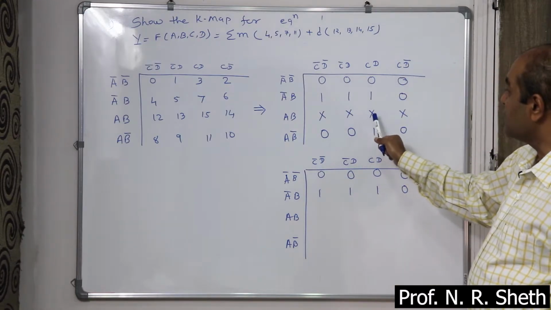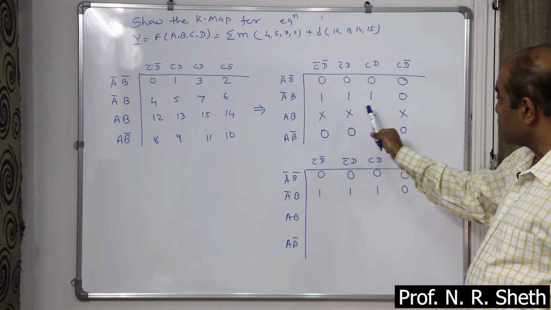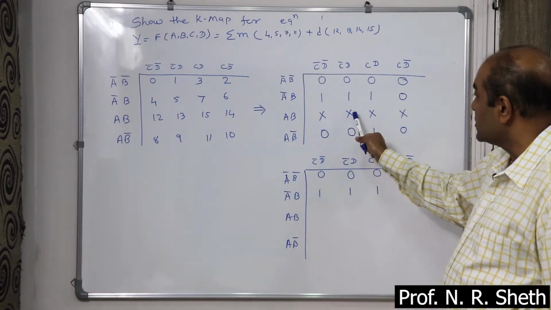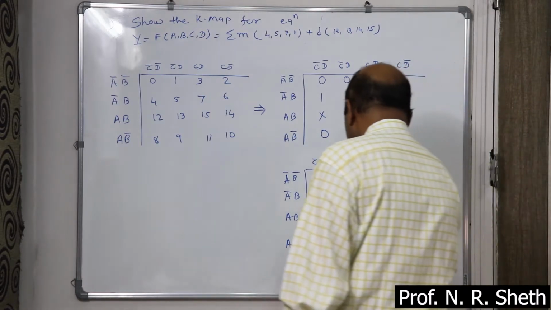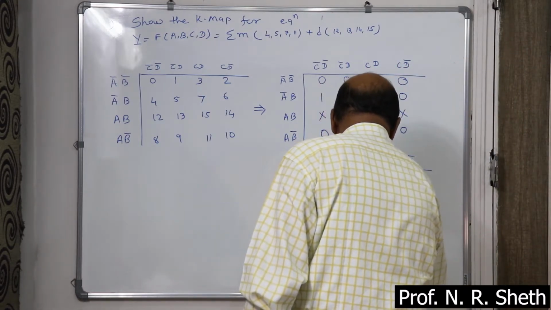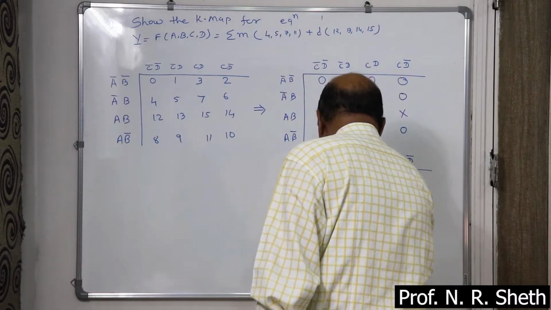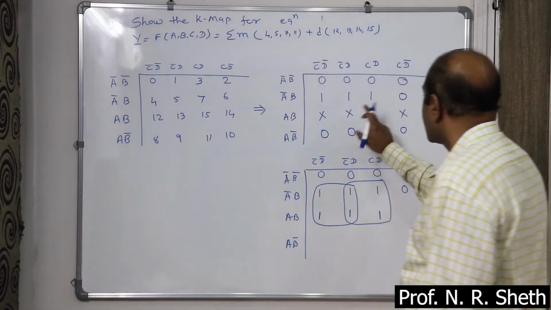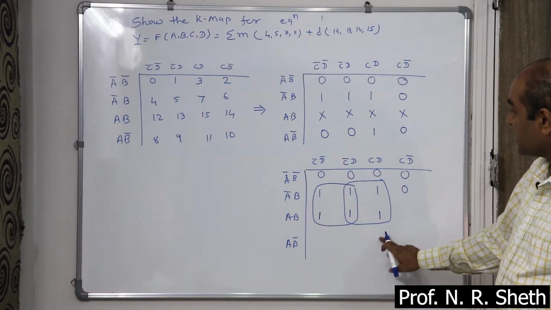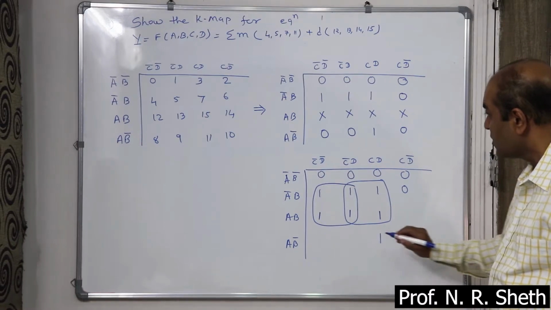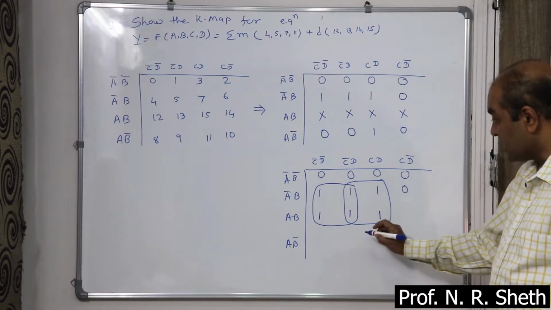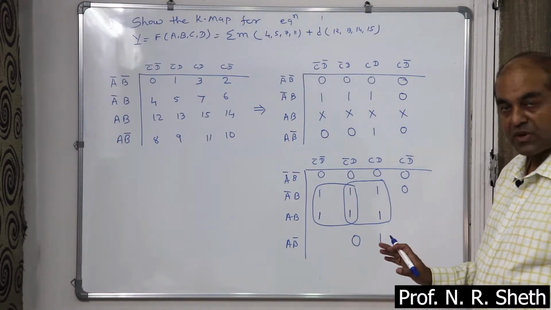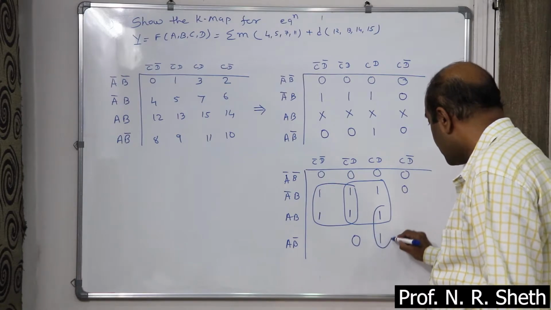Now look at these two ones. If I place 1 here, then a quad is possible. For these two, yes, a quad is also possible. So there is a formation of 2 quads. Now here there is a 1, but this one is 0, so a combination of 4 ones is not possible. So you have a pair.